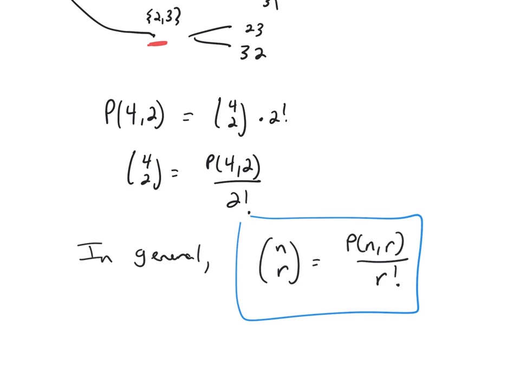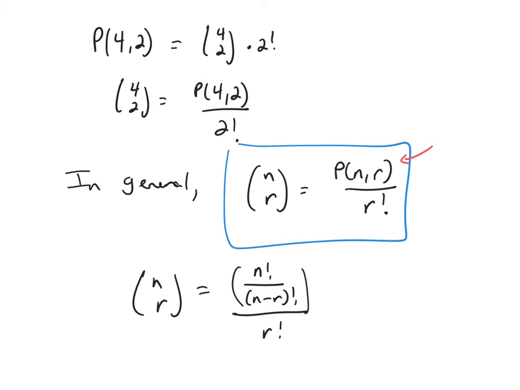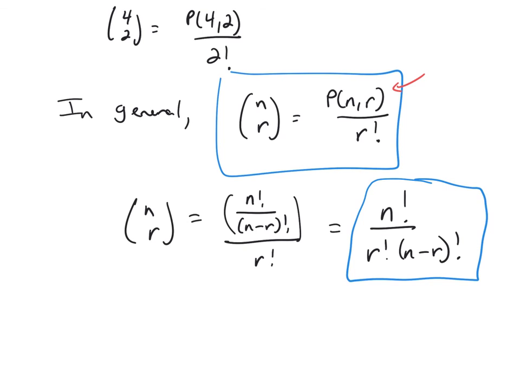You can also, if you want to, plug in the formula for P(n,r) that we saw previously, which is n factorial over n minus r factorial. And if you simplify into one fraction here, this is another formula for n choose r. So either one of these formulas you can use here.